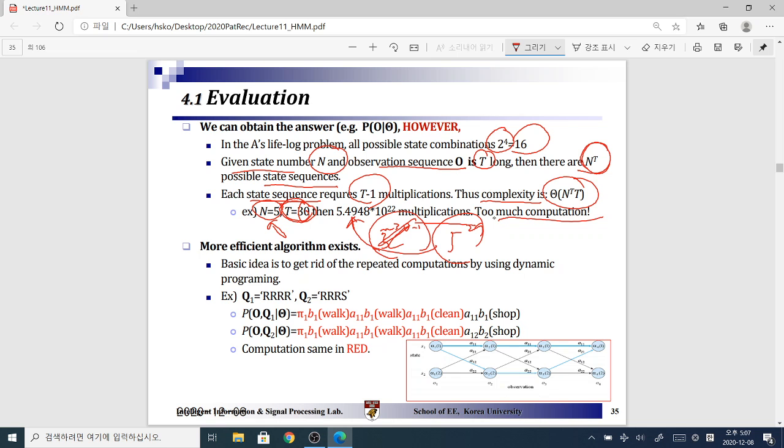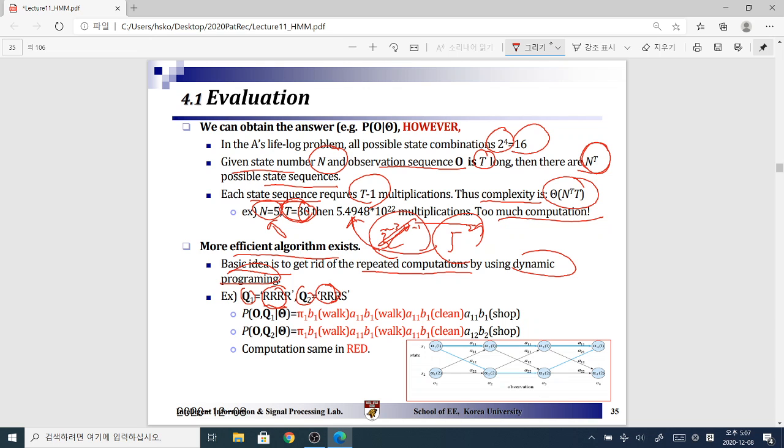So maybe there could be an easier way, a little bit more efficient approach that could exist. Here, the basic idea of the efficient algorithm is to get rid of the repetitions by using something called dynamic programming. A case in point here is that, let's say, Q1 versus Q2, we are seeing 3 R's being repeated for both Q1 and Q2. So you have 3 R's here, another 3 R's here as well.